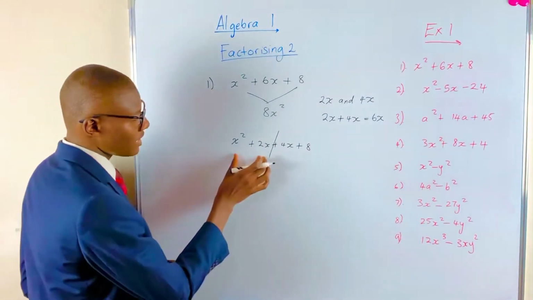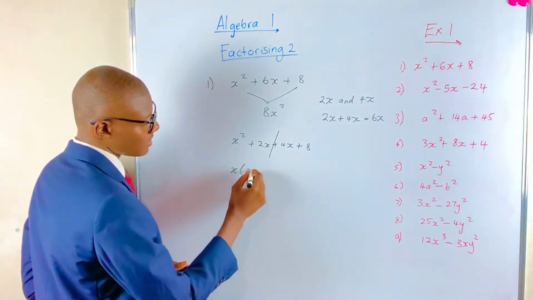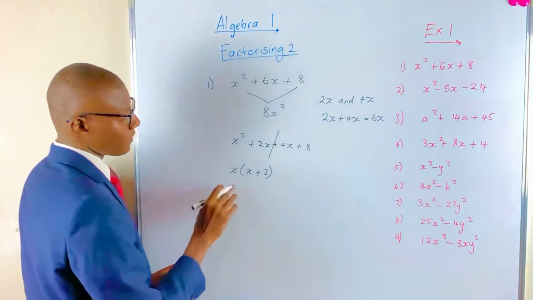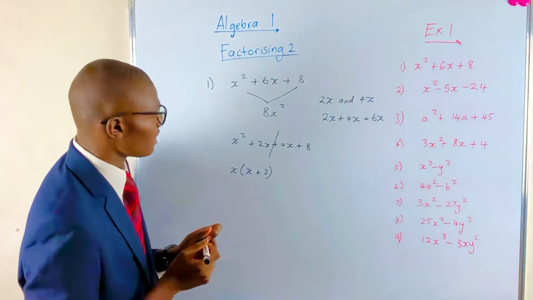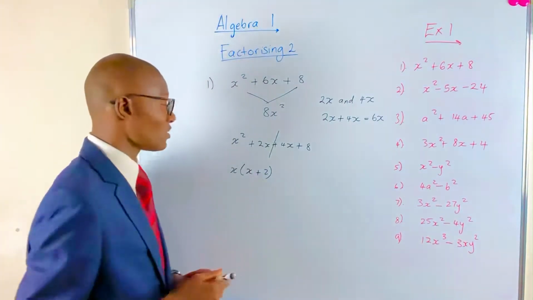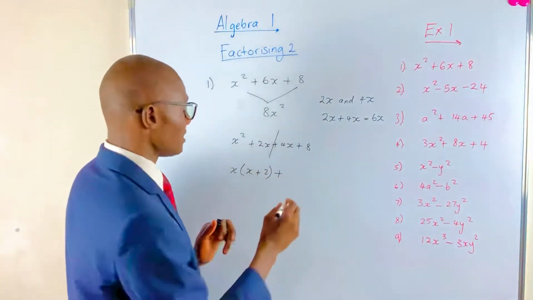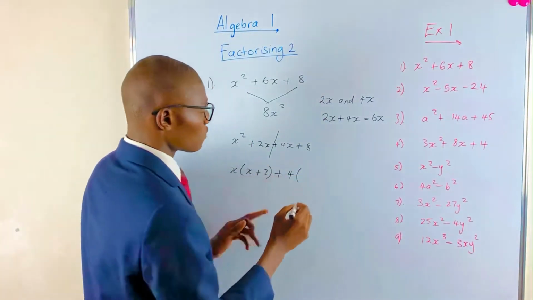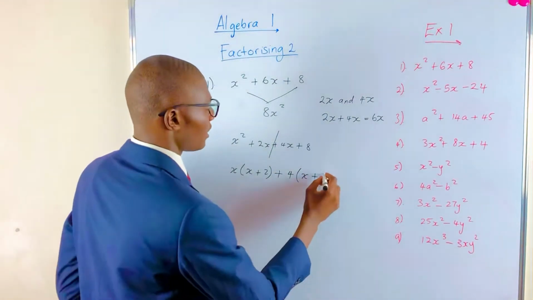So we see here that for the first expression, x is common. So x, we get x plus 2. If we factor out x, x into x squared will give us an x. Then plus x into 2x will give us a 2. Then plus, for 4x plus 8, we see that 4 is common. So 4 into 4x, we get an x. Then plus 4 into 8, we get a 2.